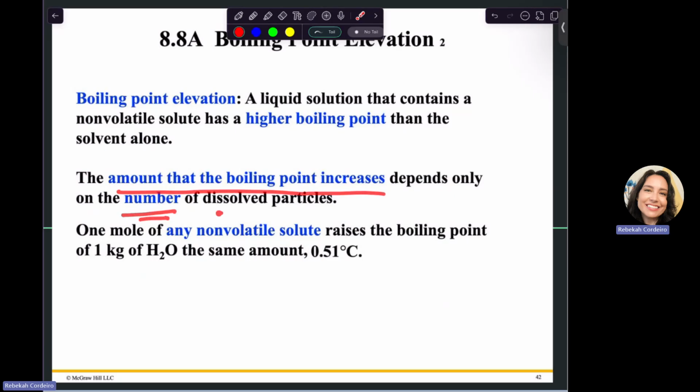If we put in sodium chloride, it dissolves into 2 particles. We could make the boiling point go up even more if we added magnesium chloride, which has 3 particles. 1 mole of any non-volatile solute, pretty much any ionic compound, raises the boiling point of 1 kilogram of H2O by about the same amount, about 0.51.